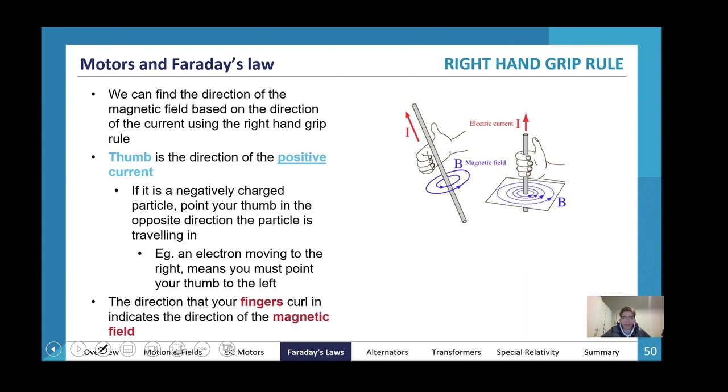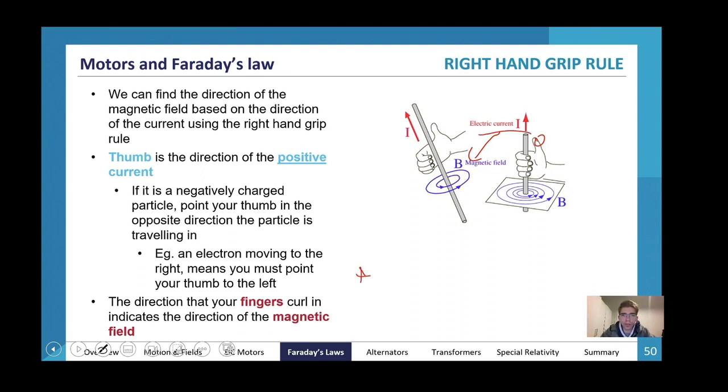So basically what we're saying is if there is a current carrying wire, there will be a magnetic field induced by the current carrying wire. And the magnetic field will be induced around it. In order to find the direction of the magnetic field, we're going to use our thumb, and it will point in the direction of conventional current.